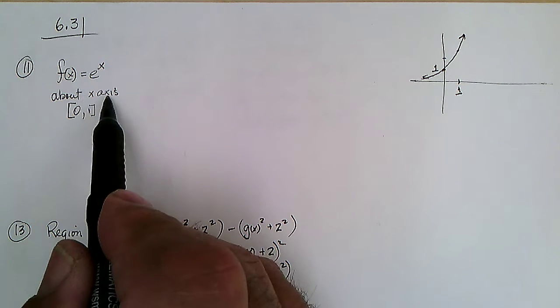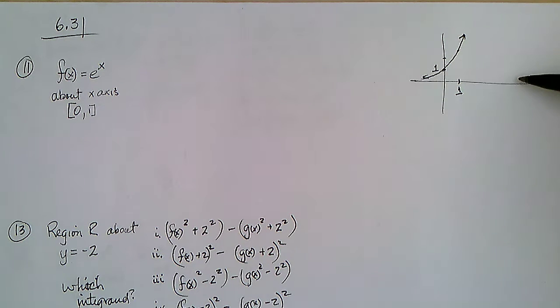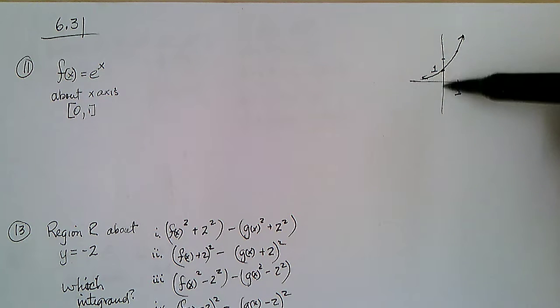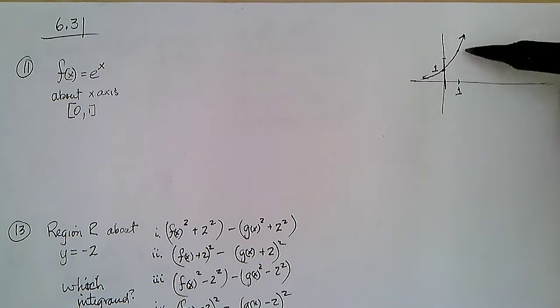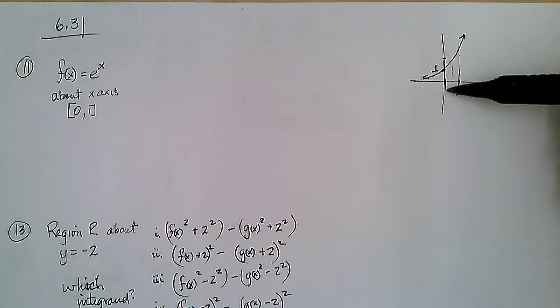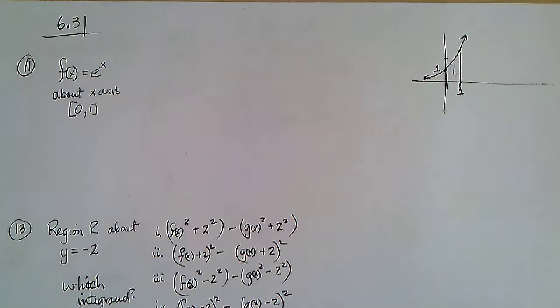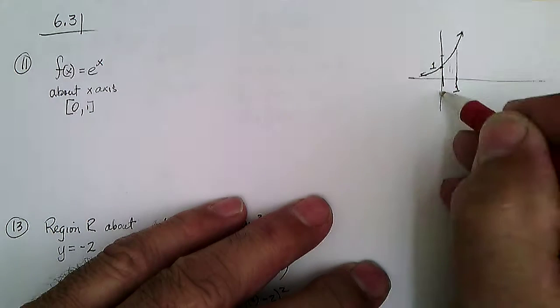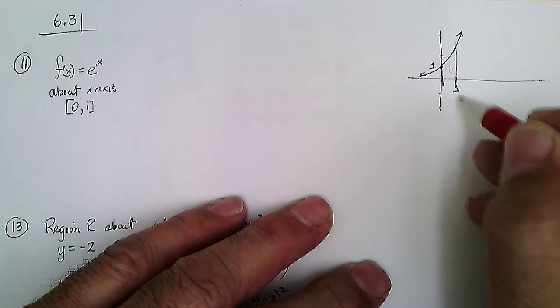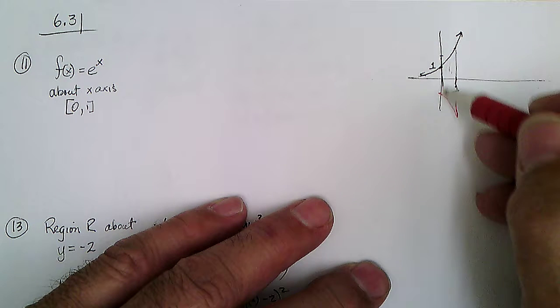And we're going to rotate this about the x-axis on the interval from 0 to 1. So we've got this shape that's going to go round, so it's going to be down here, looking something like that.